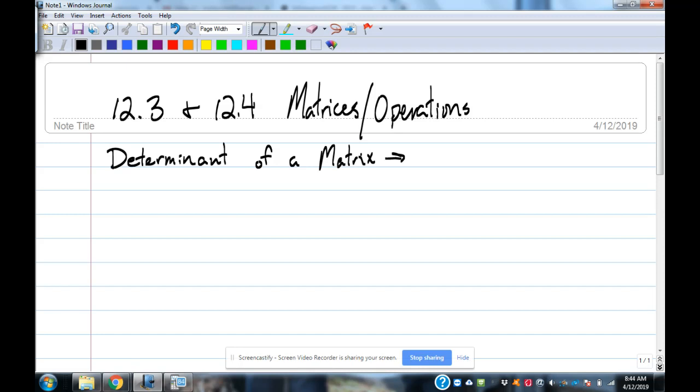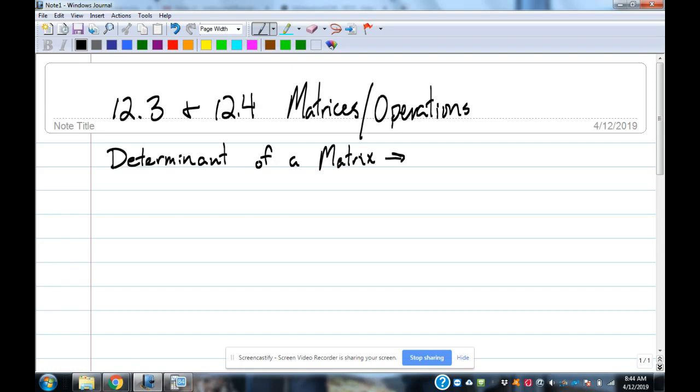It's a number that we can build for that. And if that number is non-zero, or anything other than zero, then that means that's an invertible matrix. The actual linear algebra term is non-singular, or a singular matrix and non-singular matrix. It's based on what the determinant of that matrix is.